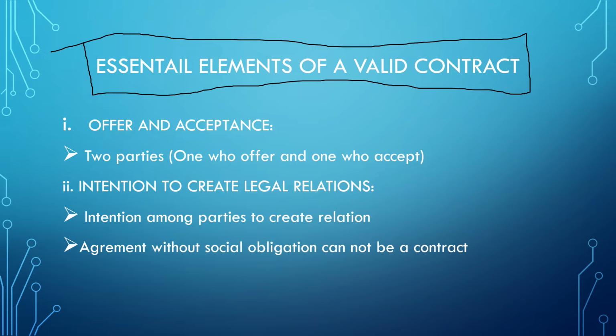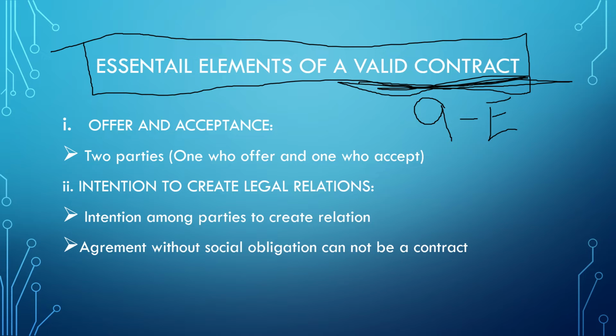So the elements of a valid contract are the basic elements needed for a valid contract. For a contract to be valid, it must follow these nine elements.